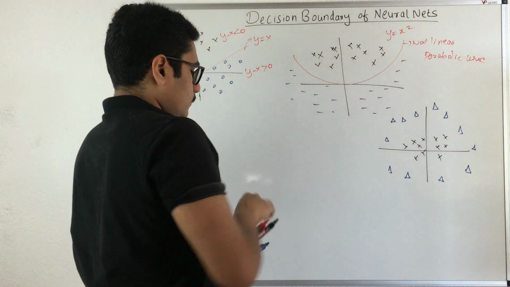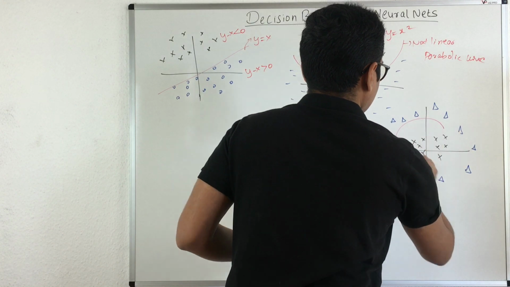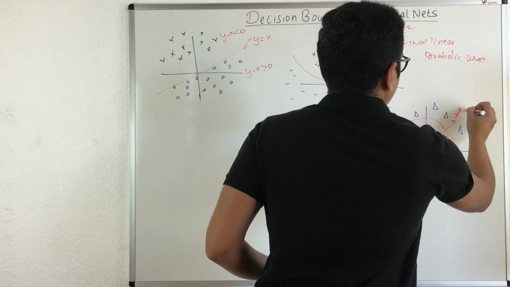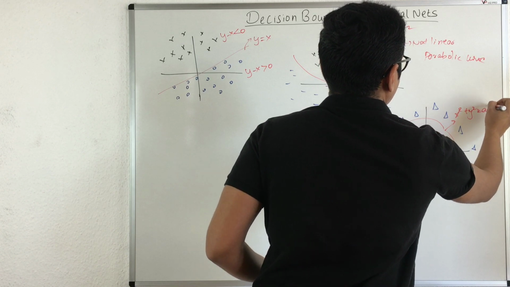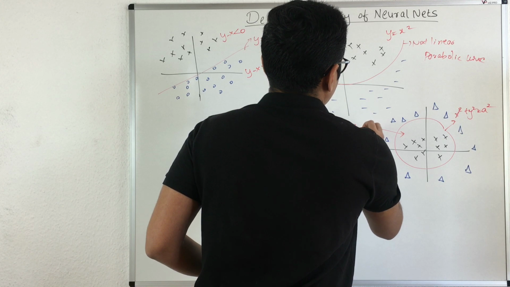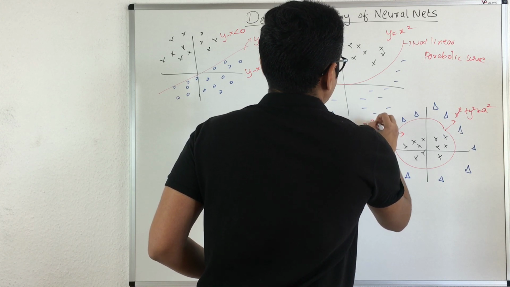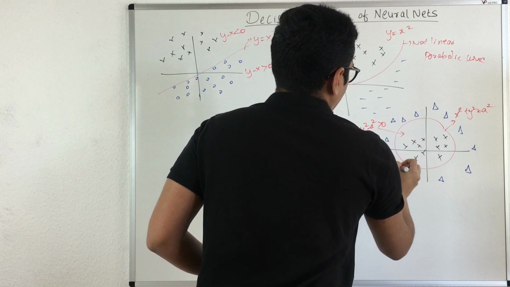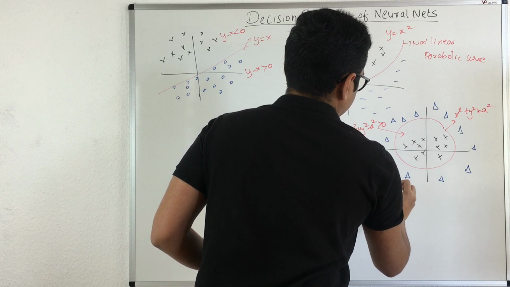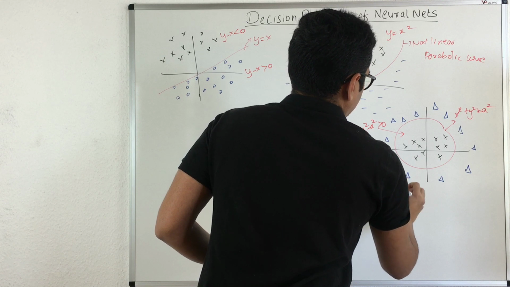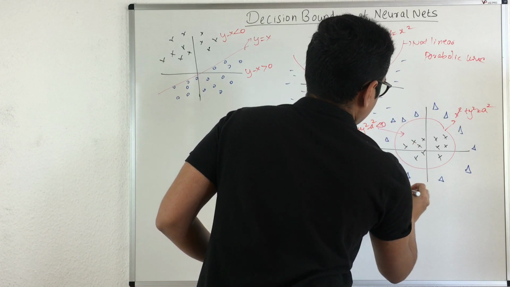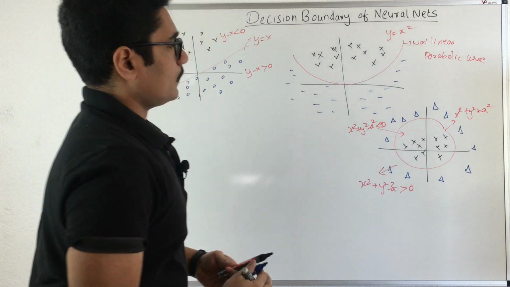What you can essentially do is draw a circle, of the form x square plus y square equals a square for some constant a. For the points which lie inside, x square plus y square minus a square is less than 0, and for outside it is greater than 0.